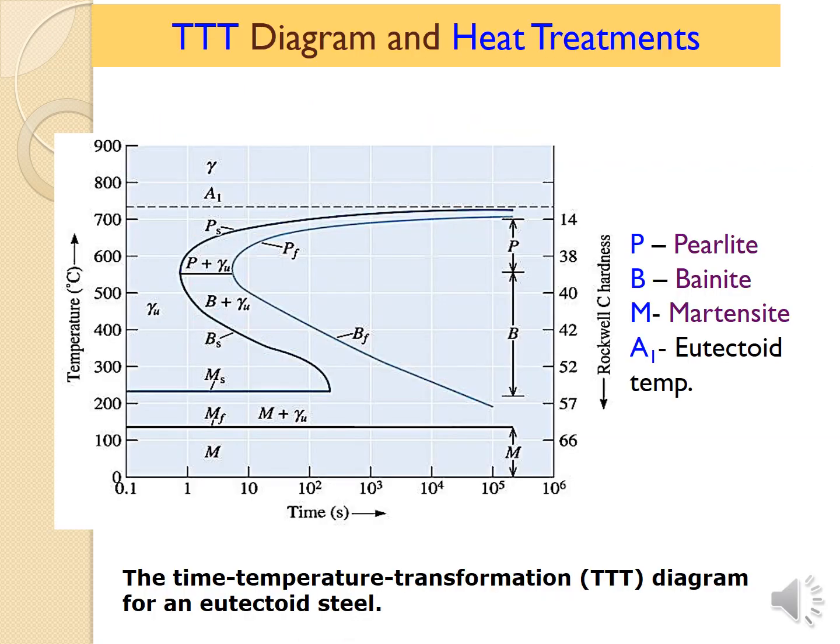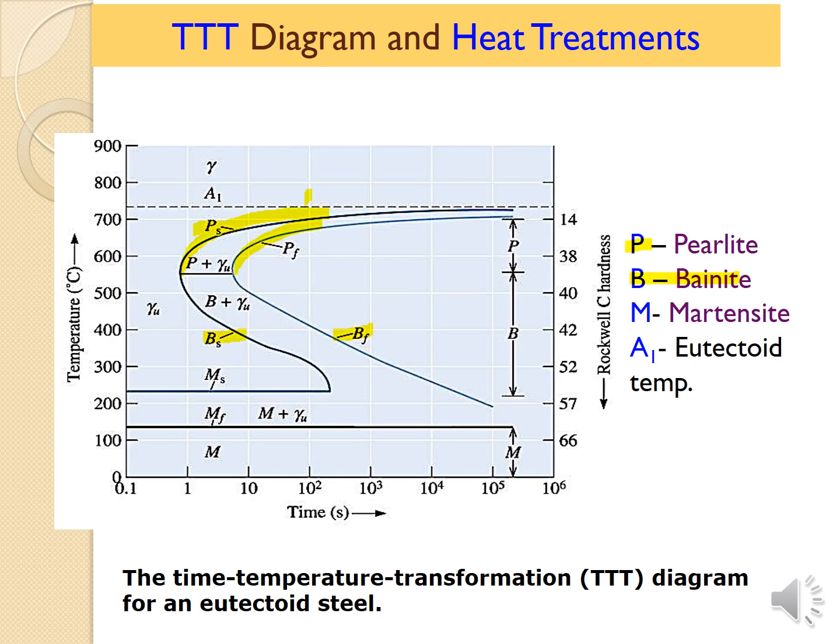Here is the completed TTT diagram and how to use it for the heat treatment of eutectoid alloys. P is for pearlite. The pearlite is over here on the top portion at relatively higher temperature. Starting line, end line, and in the middle is the 50% finished line. B is for bainite, at relatively lower temperature.